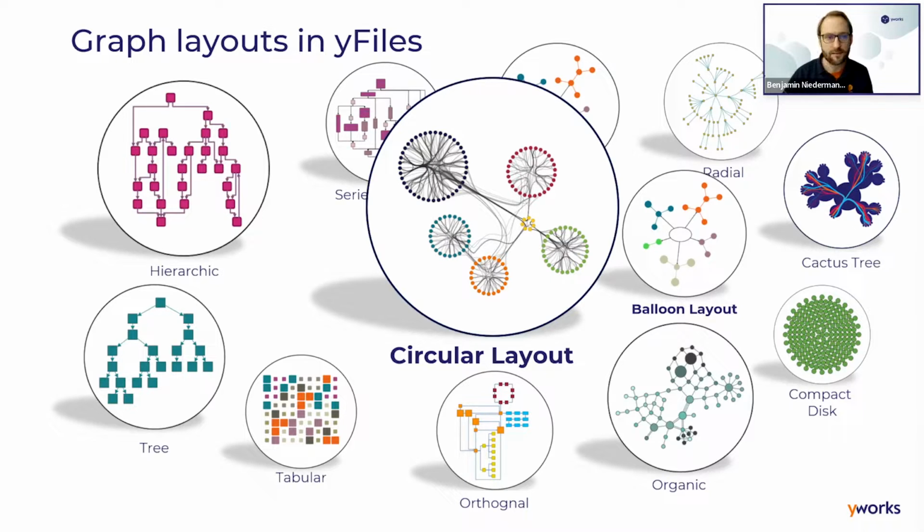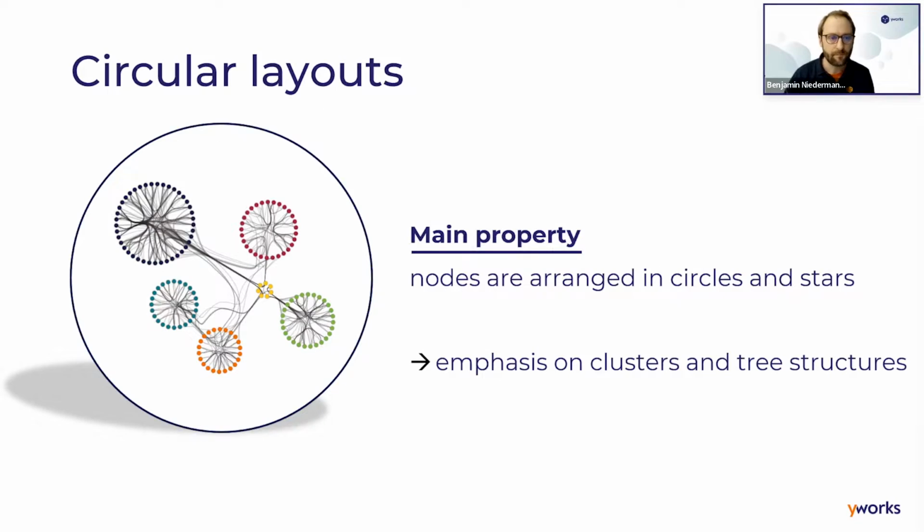So let's start with the question, what is the circular layout? Obviously the main property is that the nodes are arranged on circles and also on stars. These circles are then placed such that they are connected by some kind of backbone structure, and this is a typical characteristic of these circular layouts.